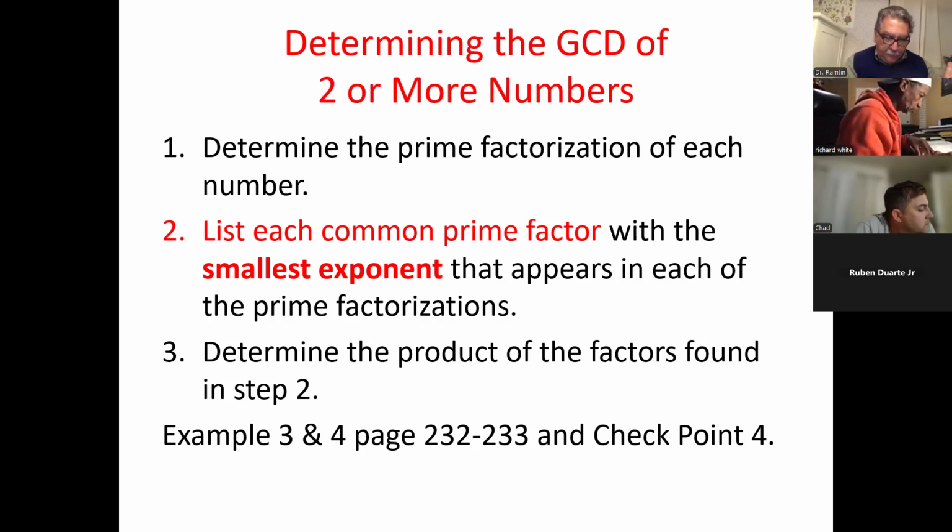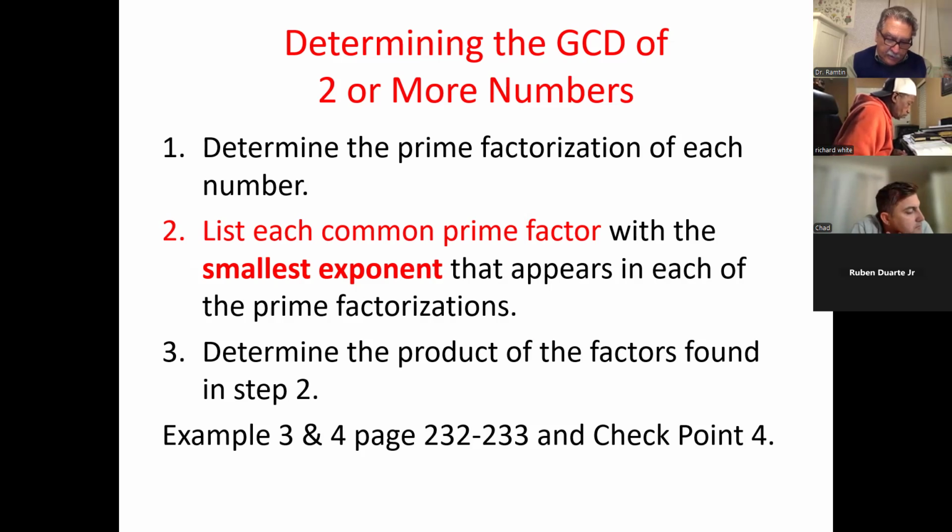We use the prime factorization tree for each of them. 216 can be factored as 2 times 108, then 108 is 2 times 54, and we continue till we come to 9. 9 is a product of 3 times 3, then we stop there. These are all prime numbers, those in the gray bubbles that you have in your textbook. And we do the same thing with 234. We get the primes 2, 3, 3, and 13.